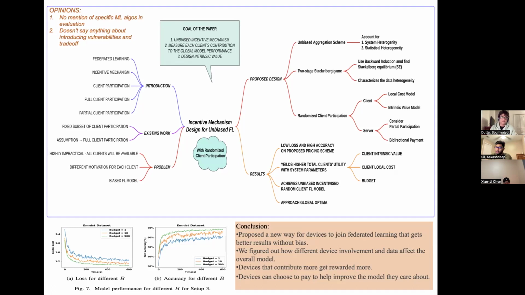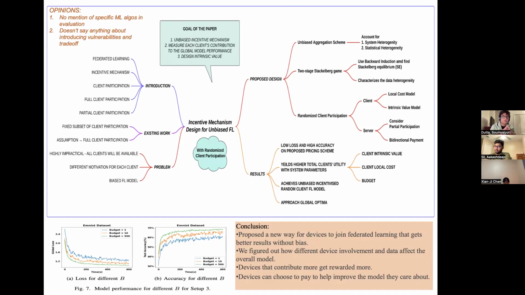We have some comments about this paper. The paper doesn't specifically mention what kind of machine learning algorithm they have evaluated on, which is a very big talking point.